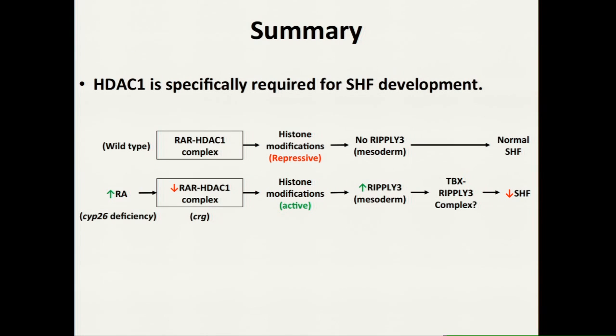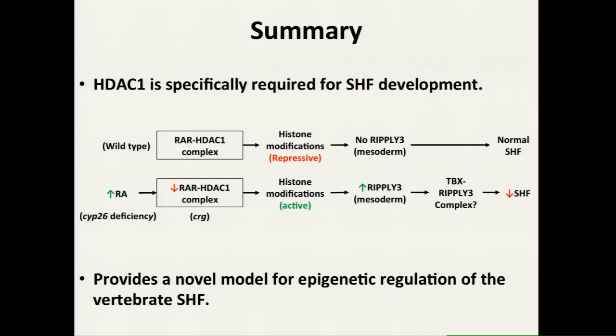When we have ectopic RA or the RA receptor HDAC1 is reduced, the histone modification becomes more active, and then Ripply3 gets expressed in the mesoderm. In turn, somehow through TBX Ripply3 interactions, it reduces the second heart field. So this is a novel mechanism which I think has not been explored in second heart field regulation.